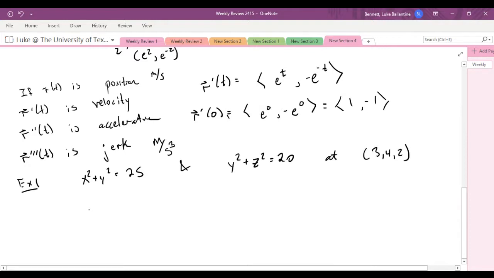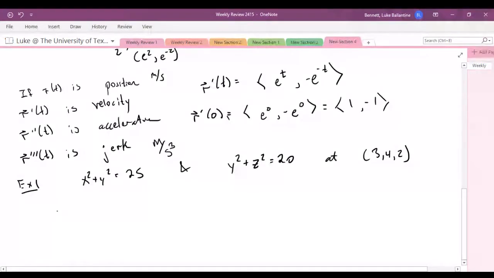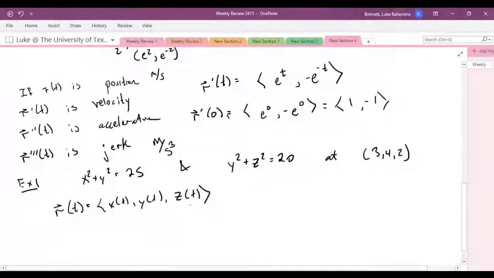So to find an equation for the curve of intersection of these cylinders, what do we need to do? Right, these are vector valued functions, so we want a parameter. It's called a parameterization of the curve of intersection. So we want r of t, and we want some functions x of t, y of t, z of t that would model the curve of intersection of these two.